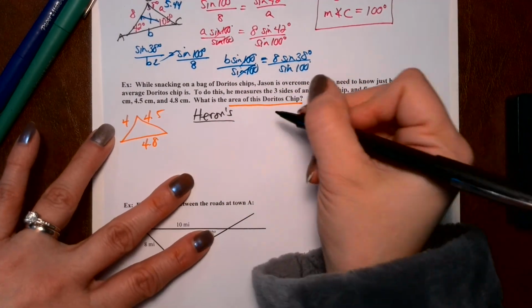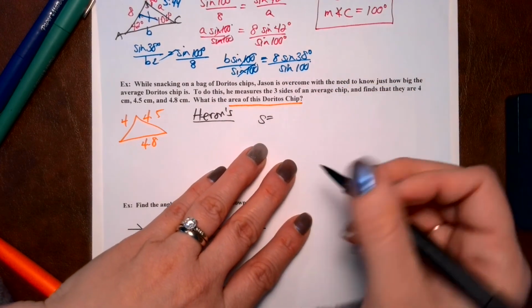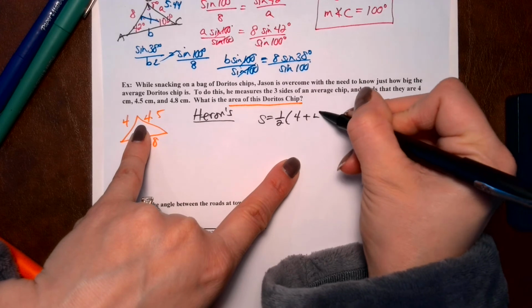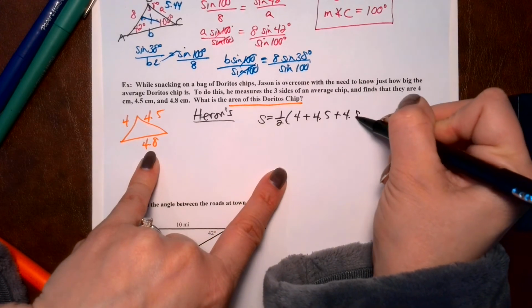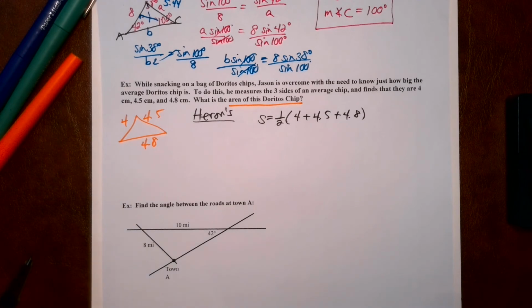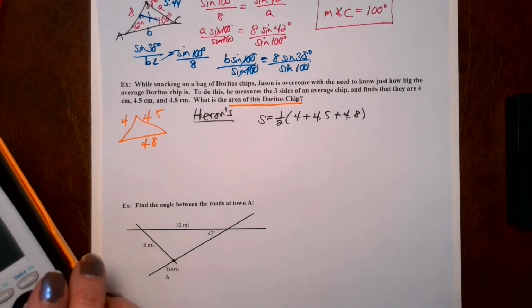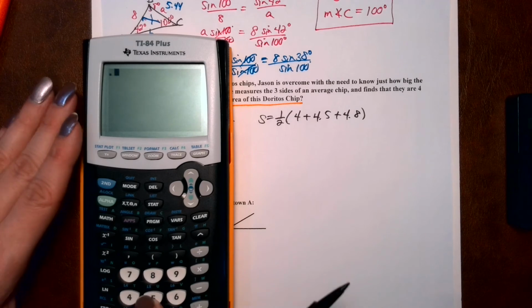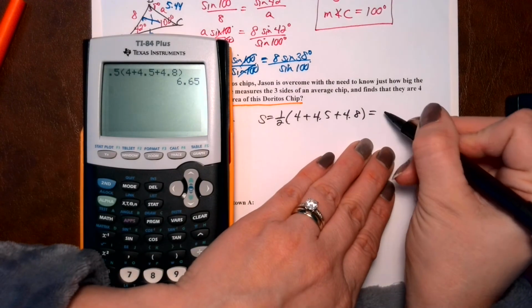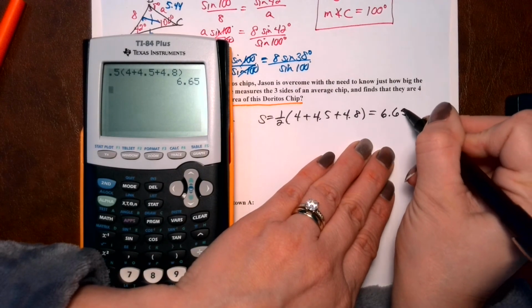The first thing we have to do, of course, is calculate the semi-perimeter. So 1/2 of 4 plus 4.5 plus 4.8. So what is the semi-perimeter for this triangle? Semi-perimeter is 6.65.